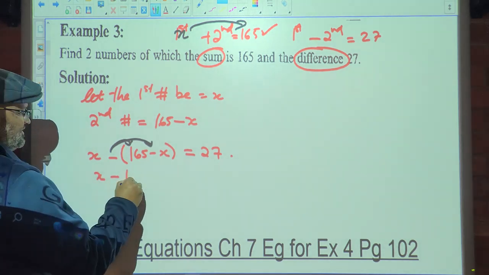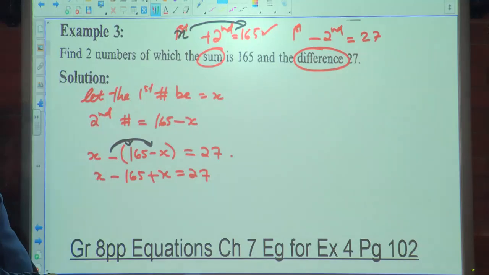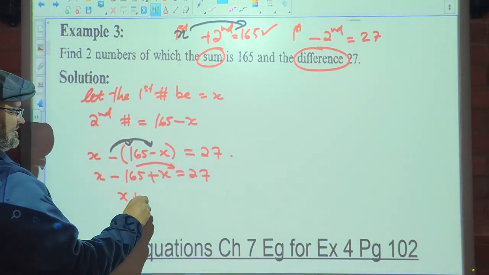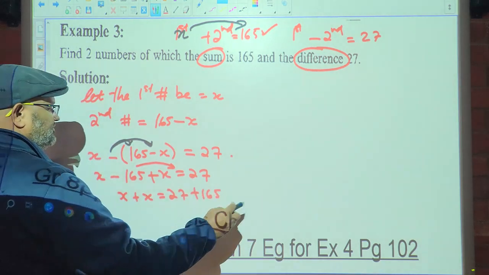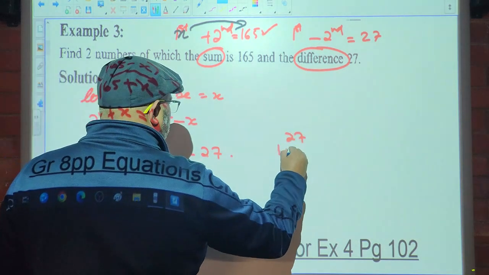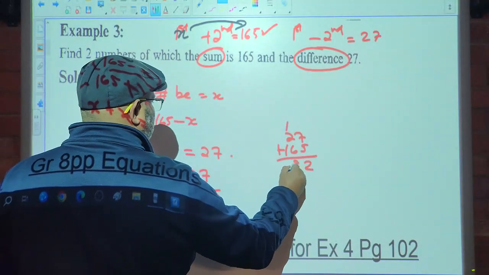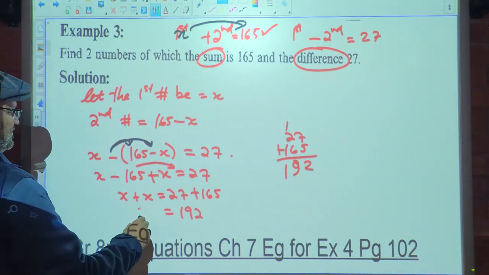So x minus 165 plus x is equal to 27. x is one side, numbers are the other side. So it's x plus x is equal to 27 plus 165. The 27 plus 165 will give you 192. So 192 is equal to 2x.